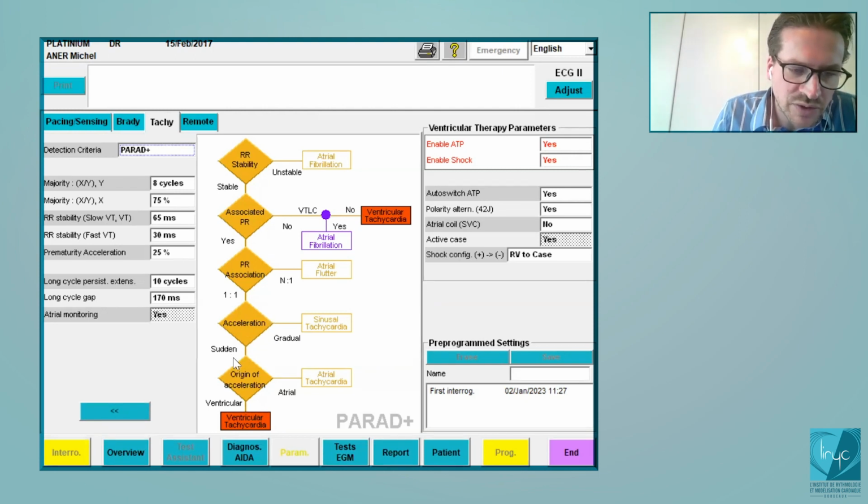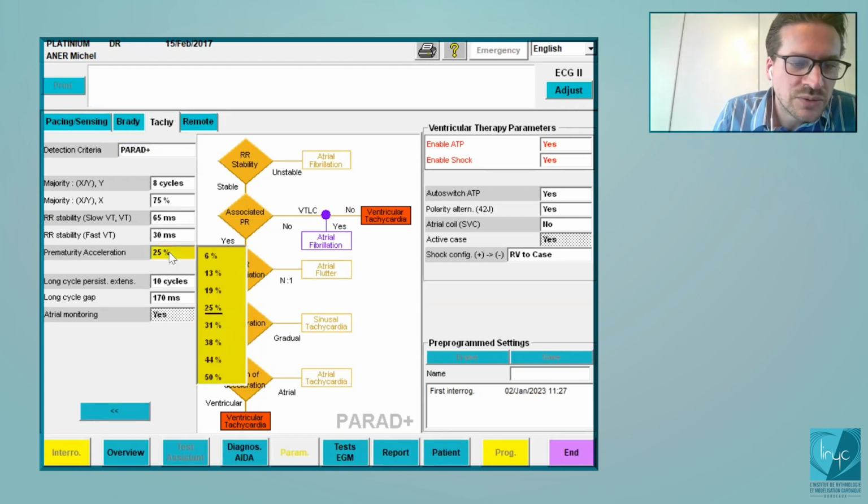And of course, there are some pitfalls here, but still, most often it works quite nicely. Also, this percentage of acceleration is something you can program. It's also different between single and dual leads. So you can program it higher in younger patients who are better, who have faster acceleration, also in sinus rhythm. So if you see problems, you can change it.